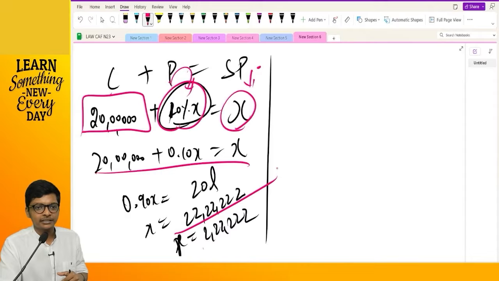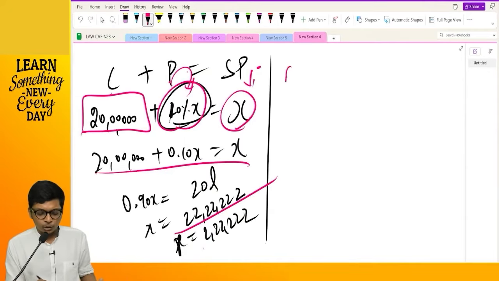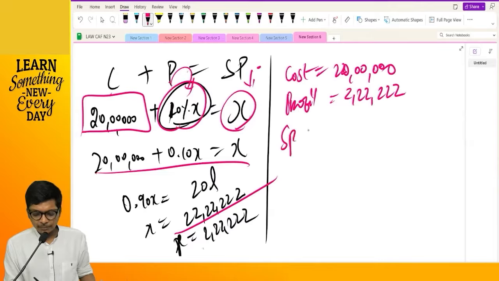Is this clear, guys? Now the next logic. How do I do this in our formula? Now let me write the values. The cost was 20 lakhs, the profit which we just computed is 2 lakh 22,222, and the selling price was 22 lakh 22,222.